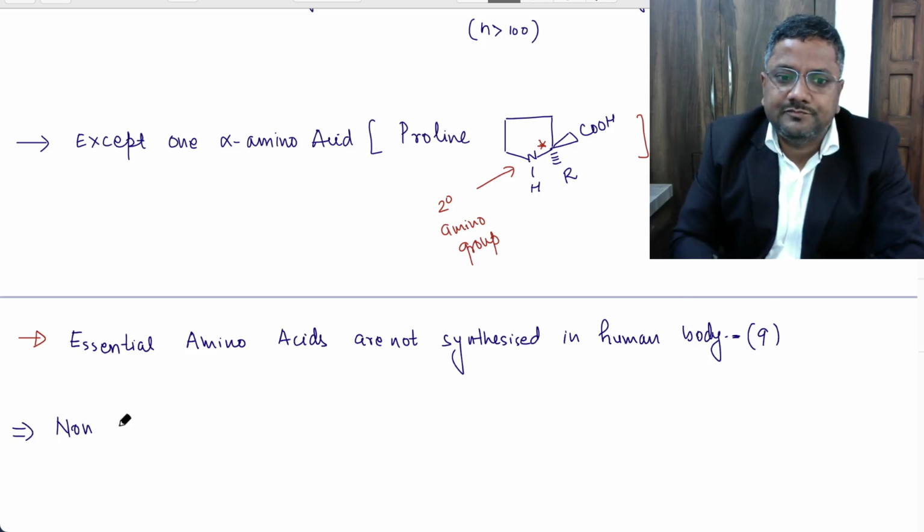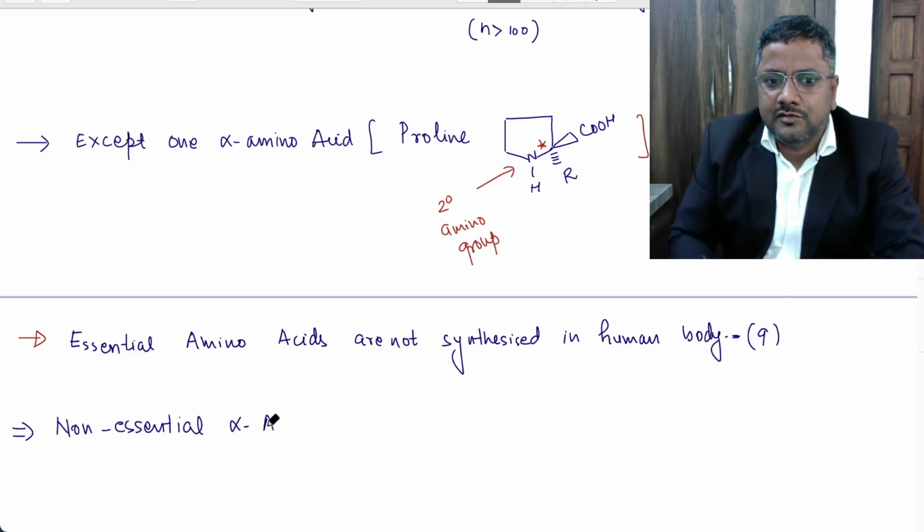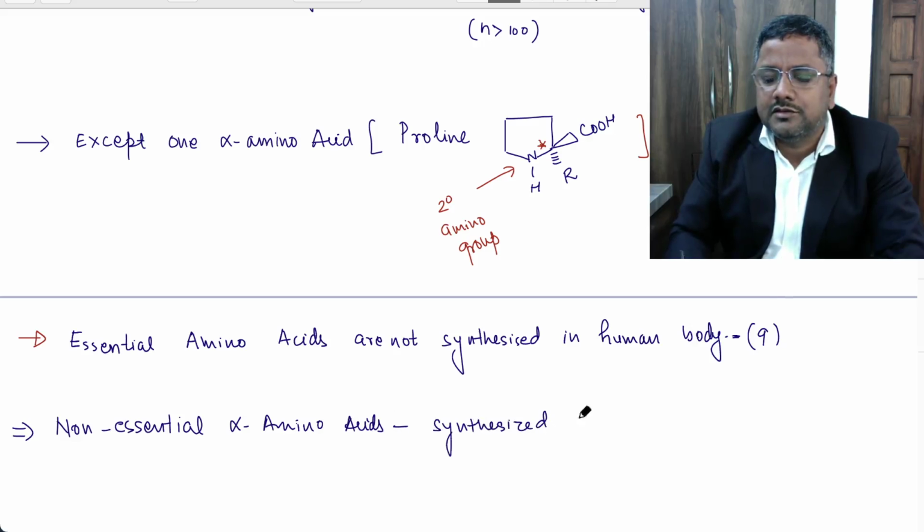Non-essential amino acids are synthesized in the human body, and there are a total of 11.